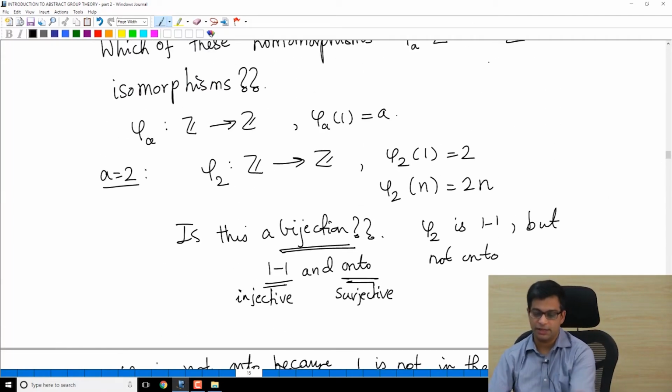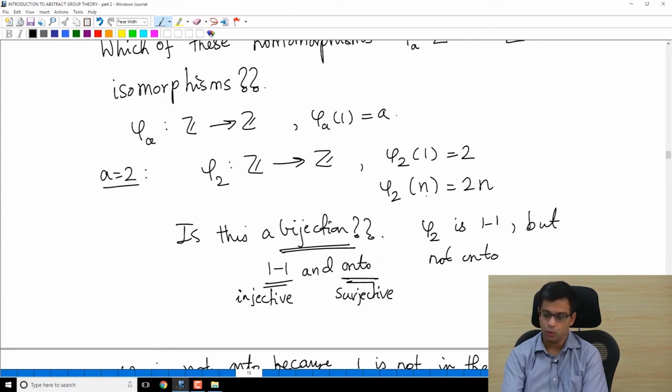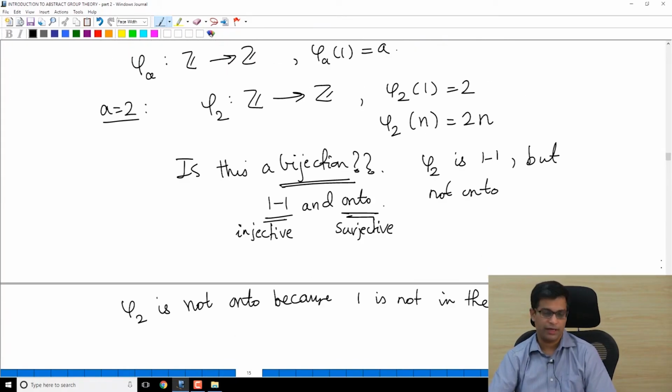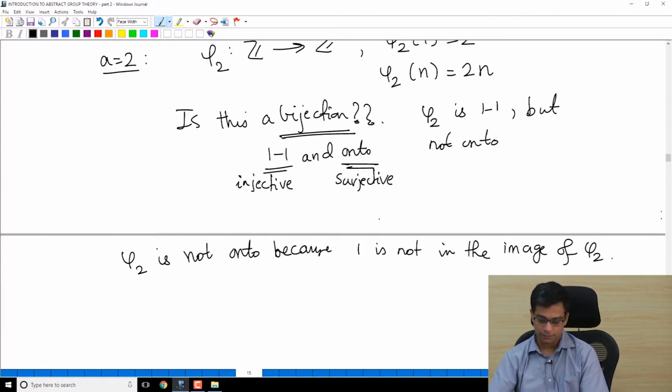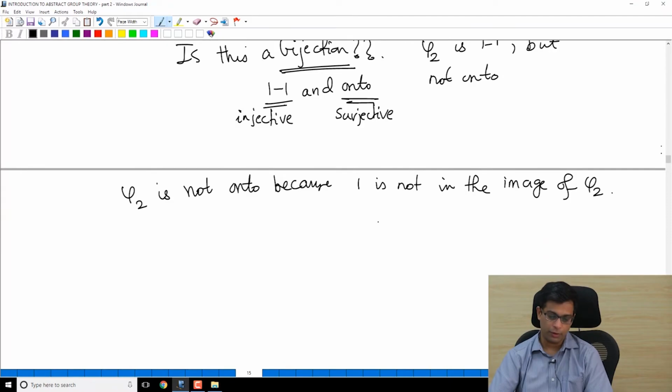Because phi 2 sends an integer n to the integer twice n, 2n. Is there any integer such that 2n equals 1? There is not, because no integer multiplied by 2 equals 1. So 1 is not in the image. So phi 2 is not onto.